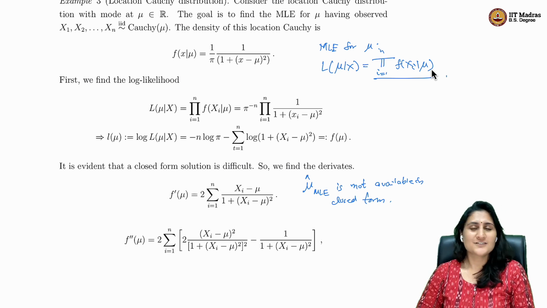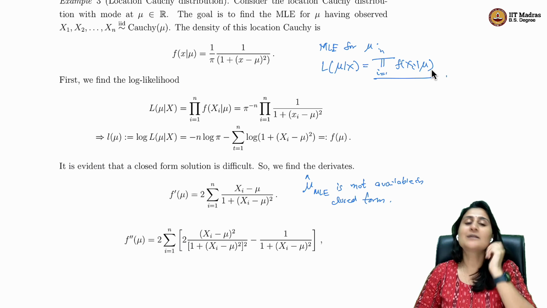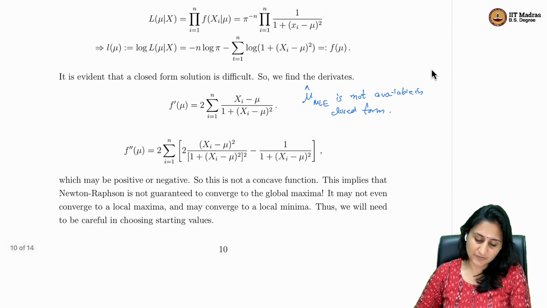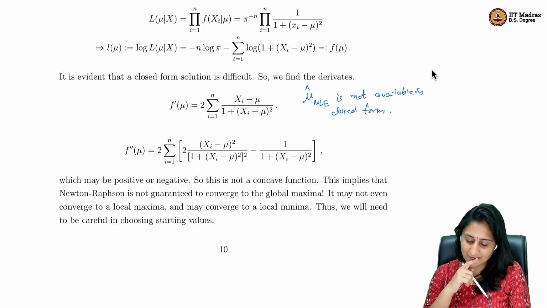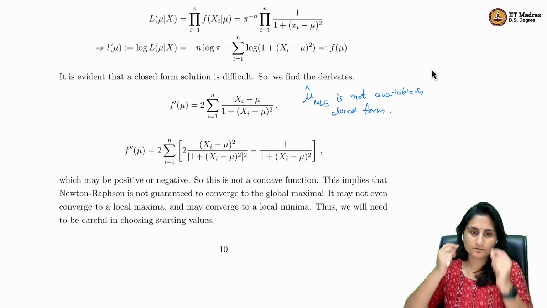Now I've already taken the first derivative. I know that when I don't have MLEs available in closed form, I could use Newton-Raphson. In order to implement Newton-Raphson, I need the second derivative, which is what I get over here. I can do this by parts, or by the chain rule for ratios. So I get 2 on the outside, summation on the outside, and then 2 (x minus mu) squared over 1 plus this, minus 1, all divided by 1 plus (x minus mu) squared.